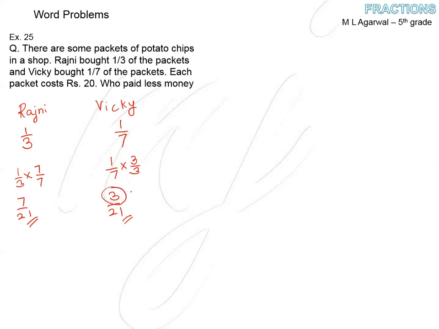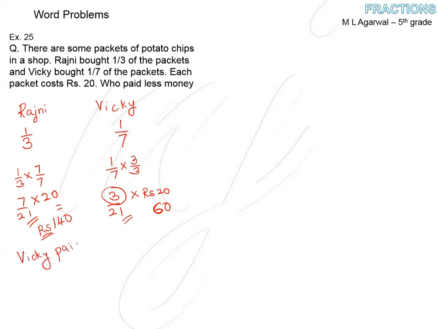Okay, 3 multiplied by rupees 20 gives me 60 rupees. And here 7 multiplied by each packet costing 20 rupees. So this will give me 140 rupees. So 60 rupees is less than 140. Hence I can say Vicky paid less money.